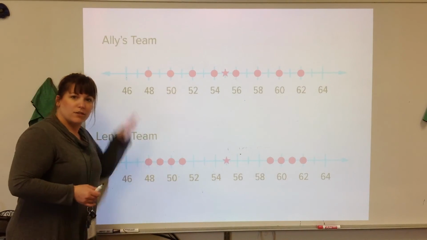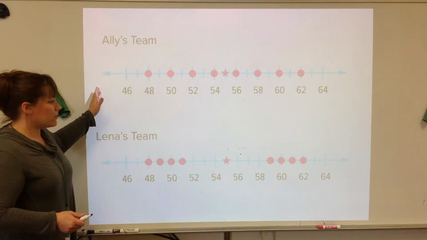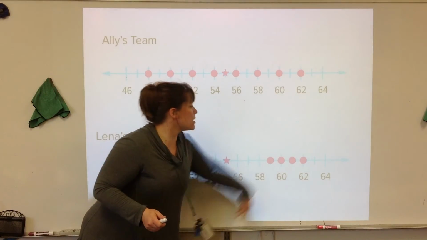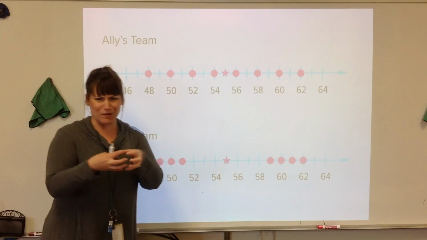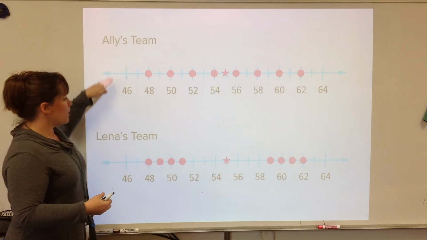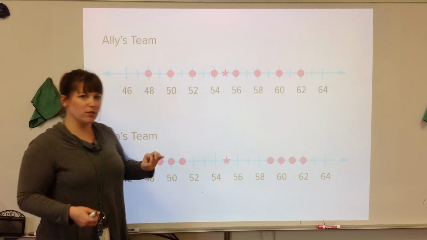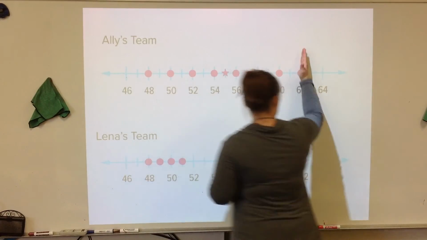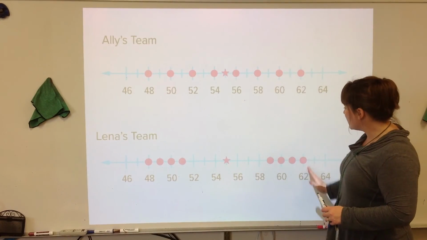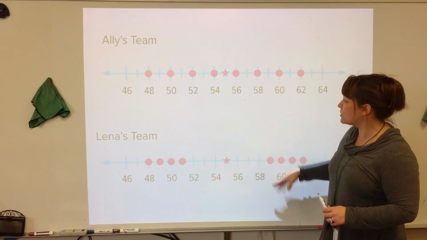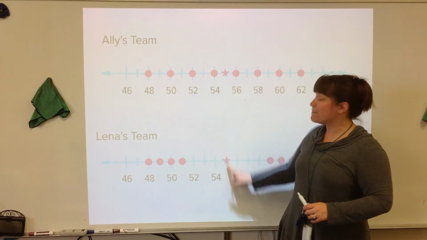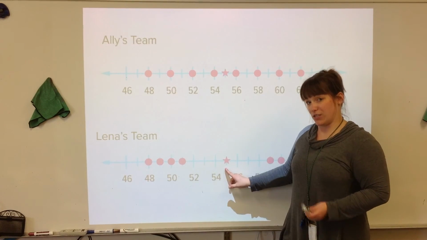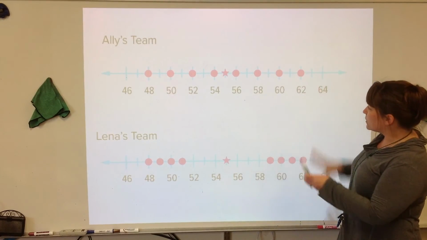So here's the two teams, and I chose to show you this just so you can see what we are talking about as we're talking about the spread of data. These two teams, and what's really cool is that they have the same boundaries. There's 48 and then there's 62. The maximum and minimum are the same in both of these, and in both of these, the mean, the average is the same. So you can really see the difference.